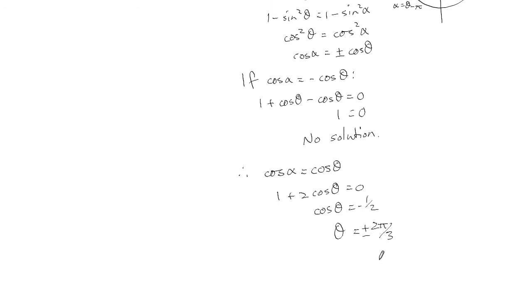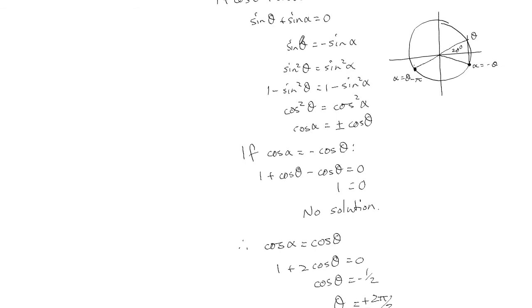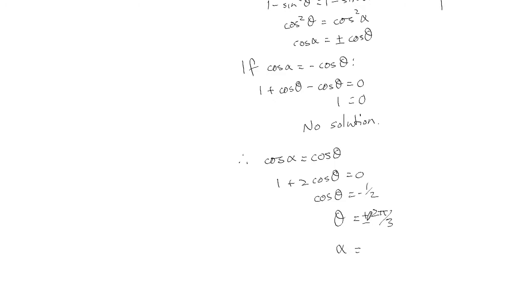And then what is alpha going to equal? Well, if cos alpha equals cos theta and sine theta is negative sine alpha, then alpha is going to have to be the negative of whatever this is. So if theta is positive 2 pi on 3, alpha needs to be negative 2 pi on 3, and if this is negative, this one needs to be positive.